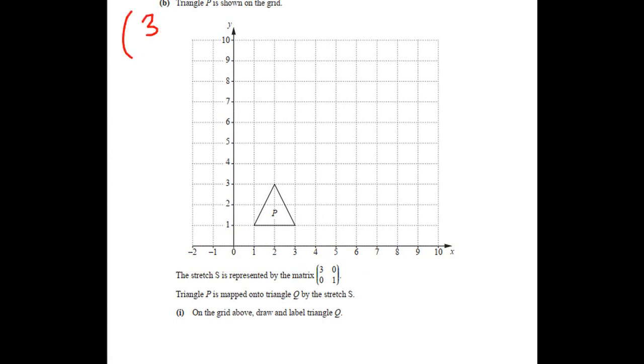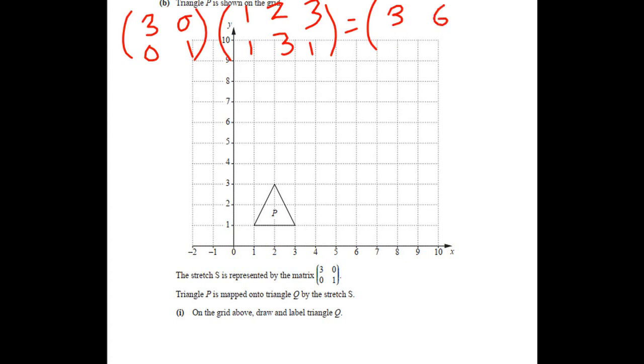You write the matrix first, 3 0 0 1, then you write the 3 vertices of the given triangle, 1 1, 2 3 and 3 1. Next you multiply these, so you get 3 times 1 plus 0 times 1 is 3, then we get 6, then we get 9, and then we get 1 and then 3 and then 1 again.